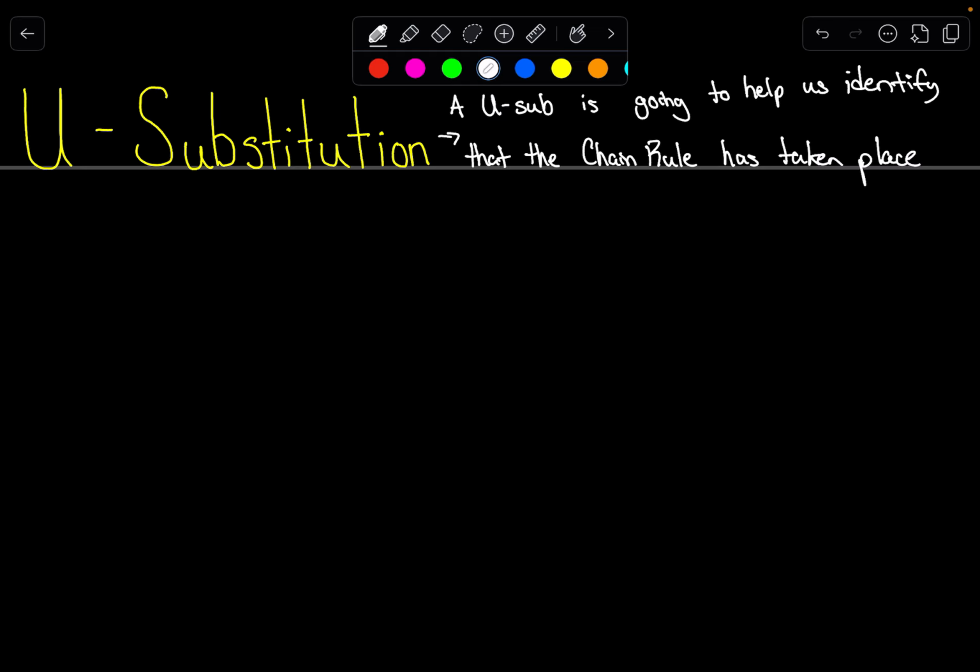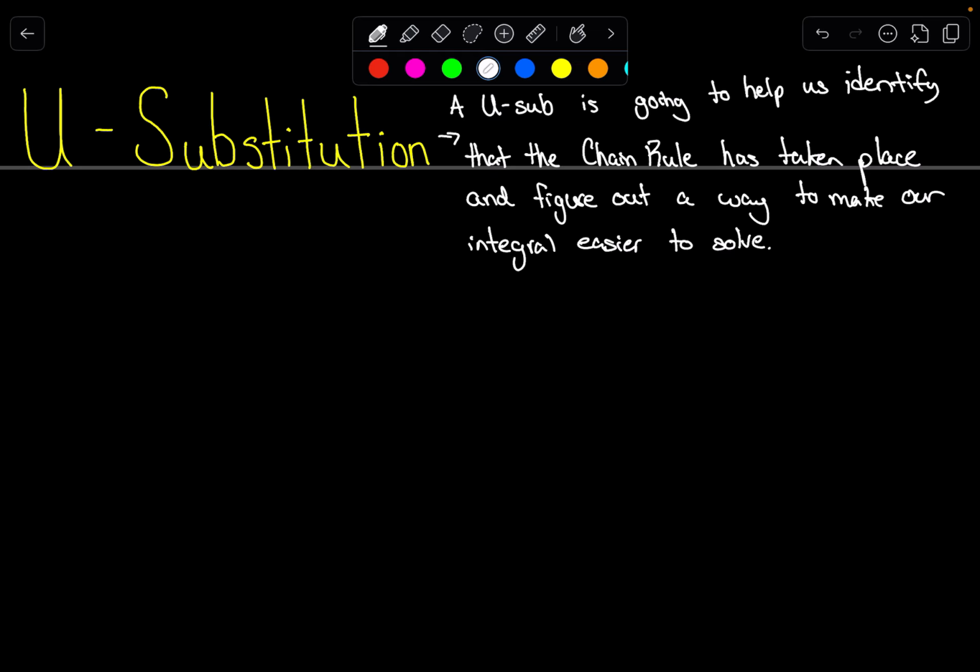So a U-substitution is going to help us identify that the chain rule has taken place and figure out a way to make our integral easier to solve.